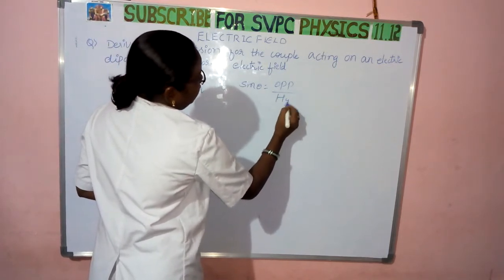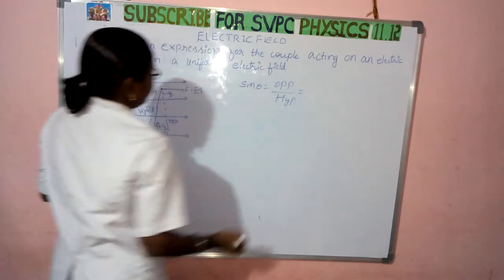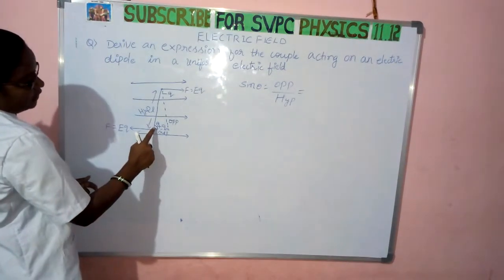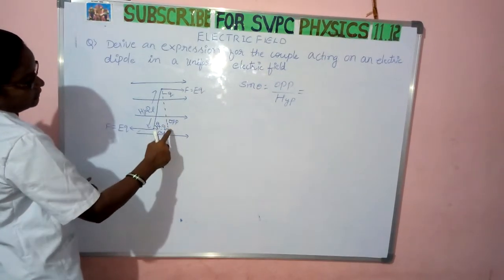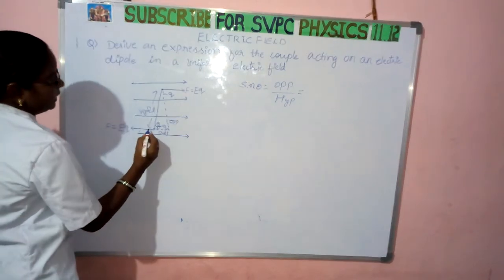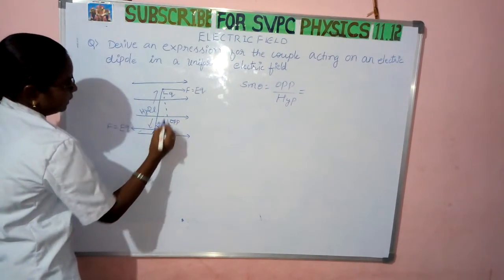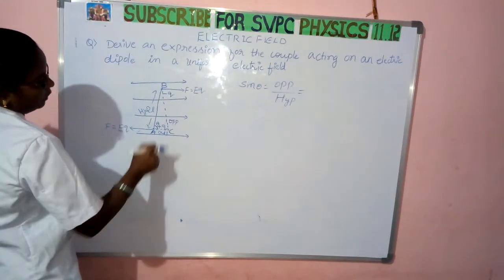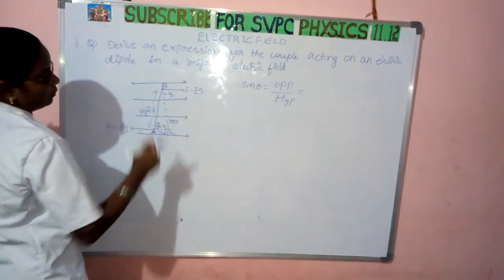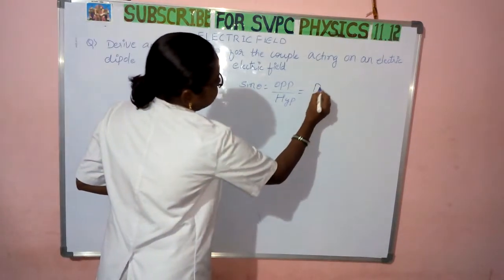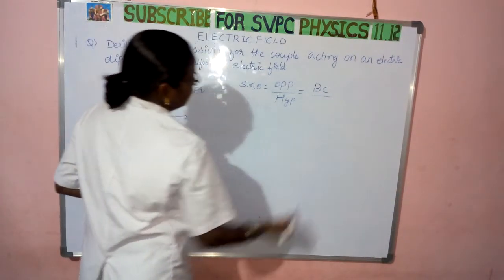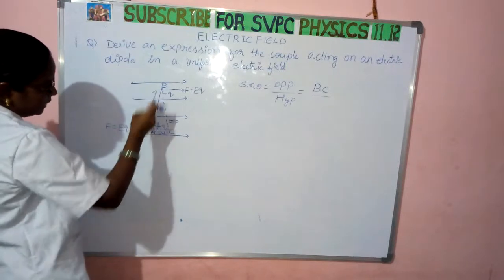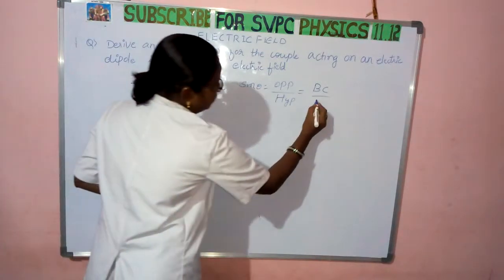What is the opposite side for this theta? This is the opposite side. I name the points of the triangle A, B, C. BC is the opposite side, so I'll write BC by the hypotenuse, which is AB.